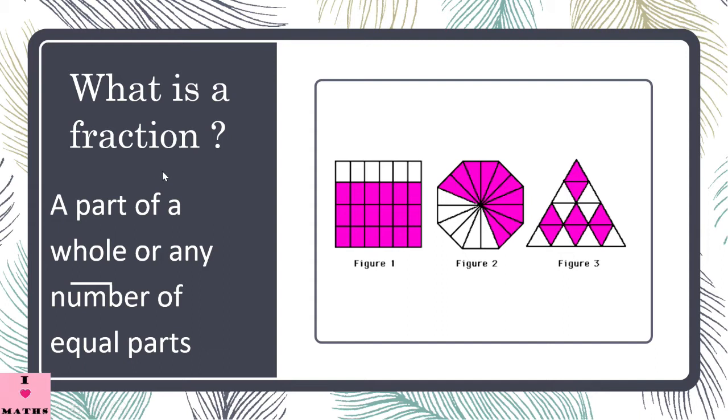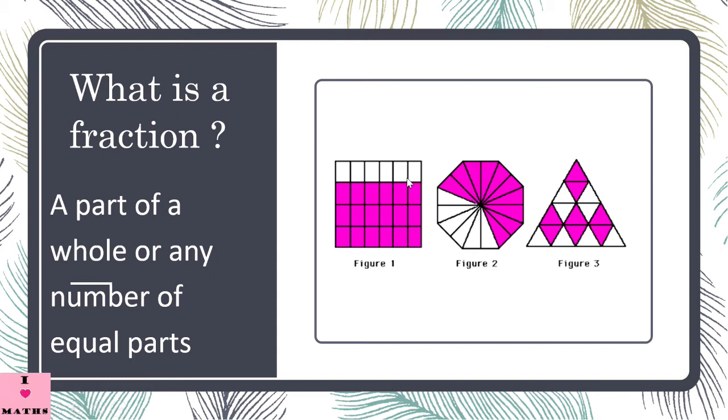A part of a whole or any number of equal parts are called fractions. Now children, look at this figure 1. This figure 1 has been divided into equal parts. Let us see how many parts it has been divided into. 1, 2, 3, 4, 5, 6. 1, 2, 3, 4.